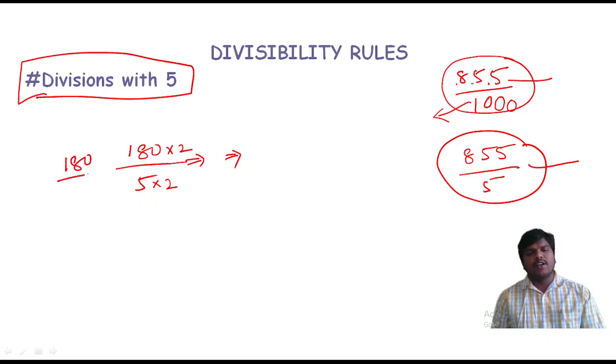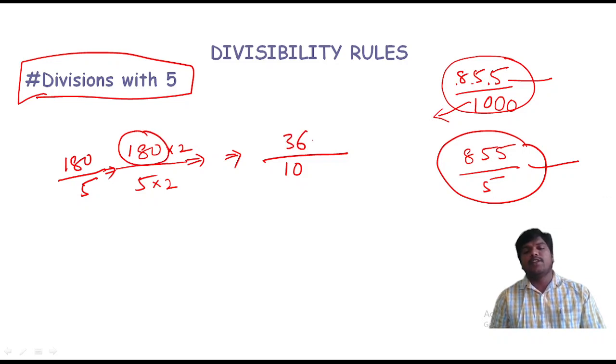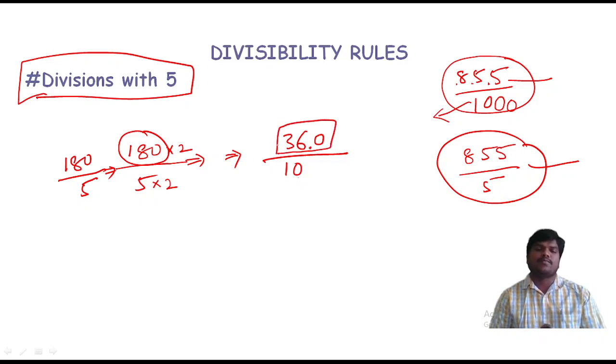If it is 180 divided by 5, immediately we change 5 into 10 by multiplying by 2, and the upper part is also multiplied by 2. 5 into 2 is 10. Then 180 doubled becomes 360. So 10 here, 36.0 is the answer.